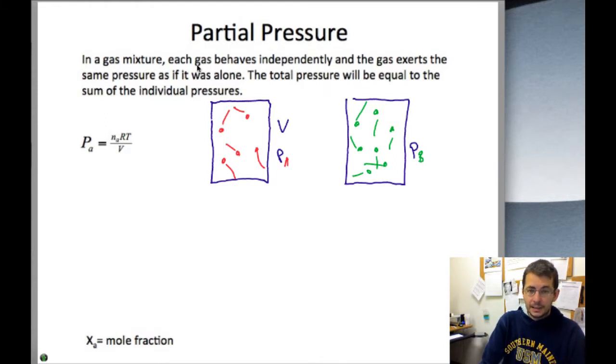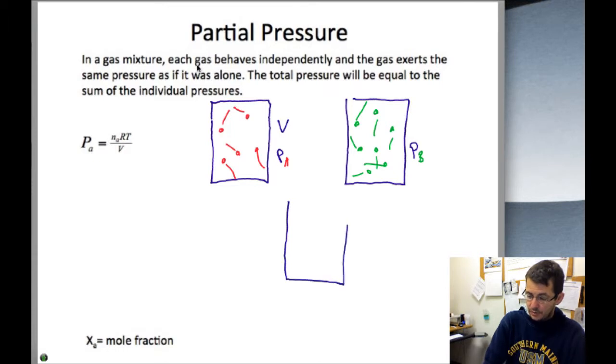We could do the calculation for each of these on their properties, and then if we were to combine the 2 containers, we would see that their properties would be an aggregate of the 2. The only thing that would really change would be the pressure. PA plus PB will equal P total.